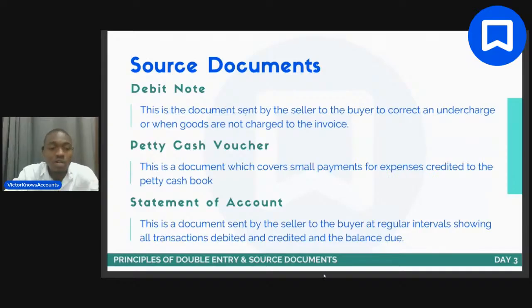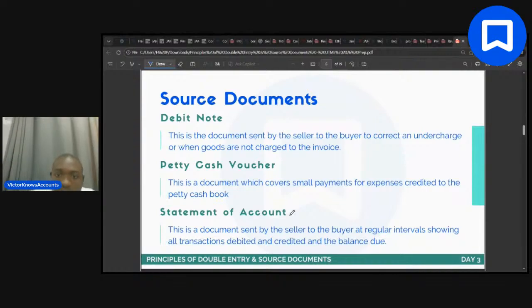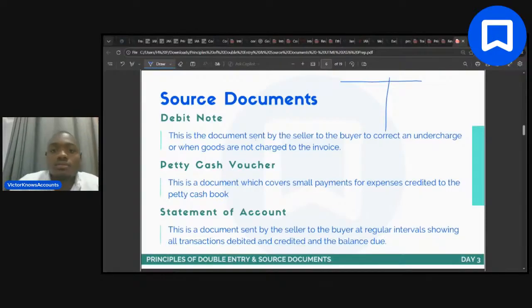So for statement of account, you can have a table, something like this. When the person buys goods, say the person bought goods of 10 naira, you can write it here.